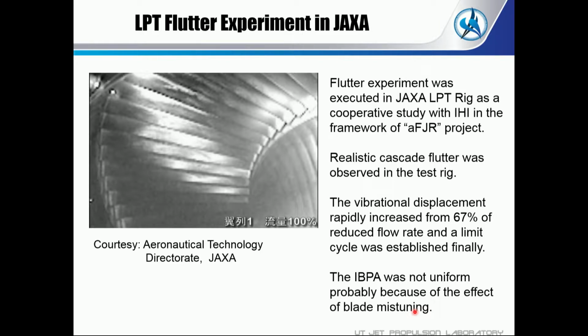For instance, the natural frequency is not identical for all blades. That is called mistuning. Due to this mistuning, there is not a constant IBPA in the realistic case. But in the ideal model, we usually use constant IBPA.